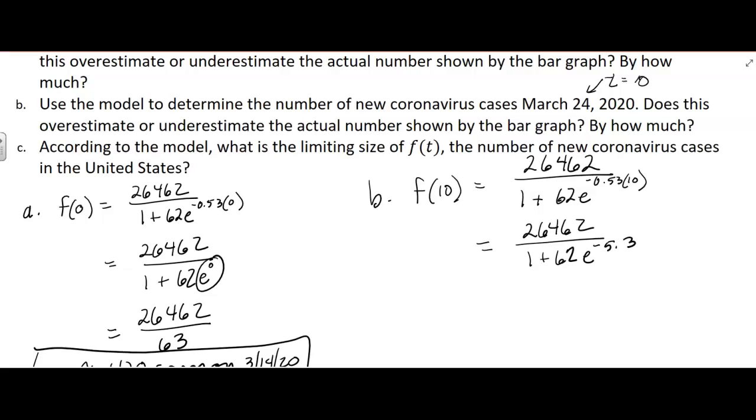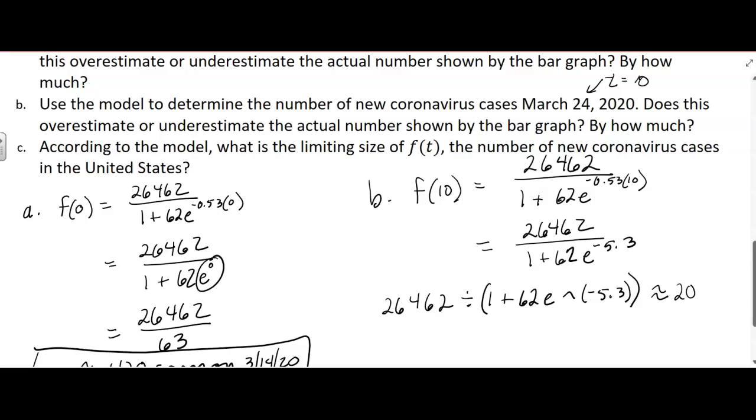Multiplying by 10 just moves the decimal place over one. On the calculator, we'll enter 26,462 divided by, open the parenthesis, 1 plus 62, then the e to the x button, negative 5.3, and close both parentheses.